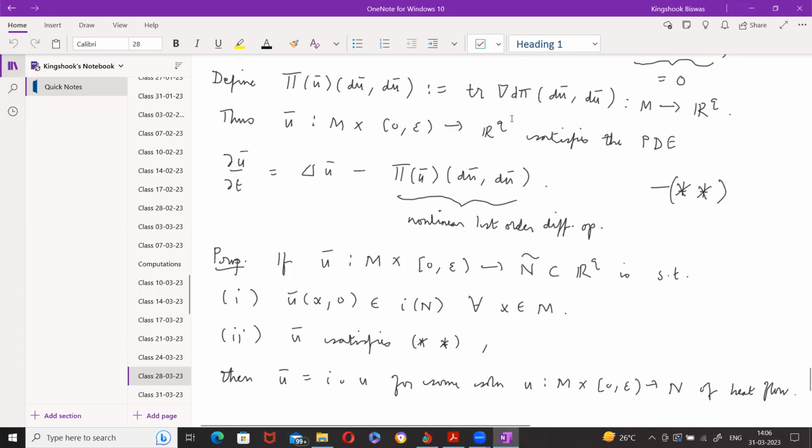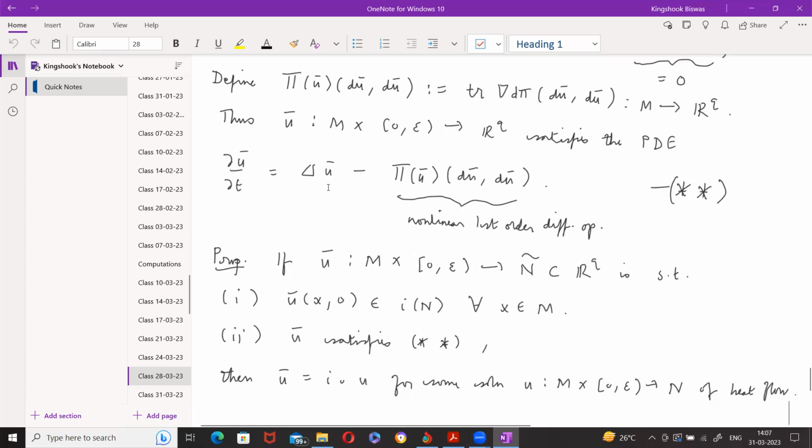Okay. So what remains to show is that conversely, given a map from M cross (0, epsilon) into this tubular neighborhood, N tilde, of the image of N in R^Q, which satisfies the following two conditions: at time 0, U bar takes values inside I of N, and on M cross (0, epsilon), U bar satisfies this PDE, ∂U bar/∂t equals Laplacian U bar minus pi of (U bar, dU bar, dU bar).